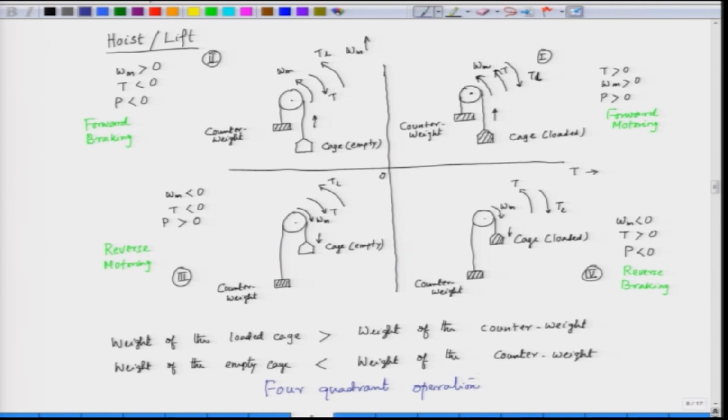The 4 quadrant operation means the drive should be able to operate as forward motoring, forward braking, reverse motoring and reverse braking in all 4 quadrants of the speed torque plane.